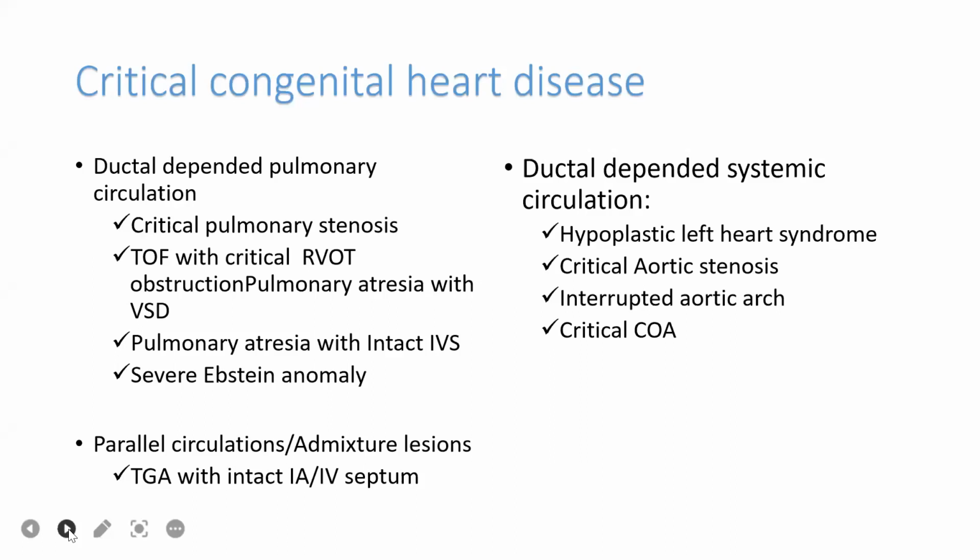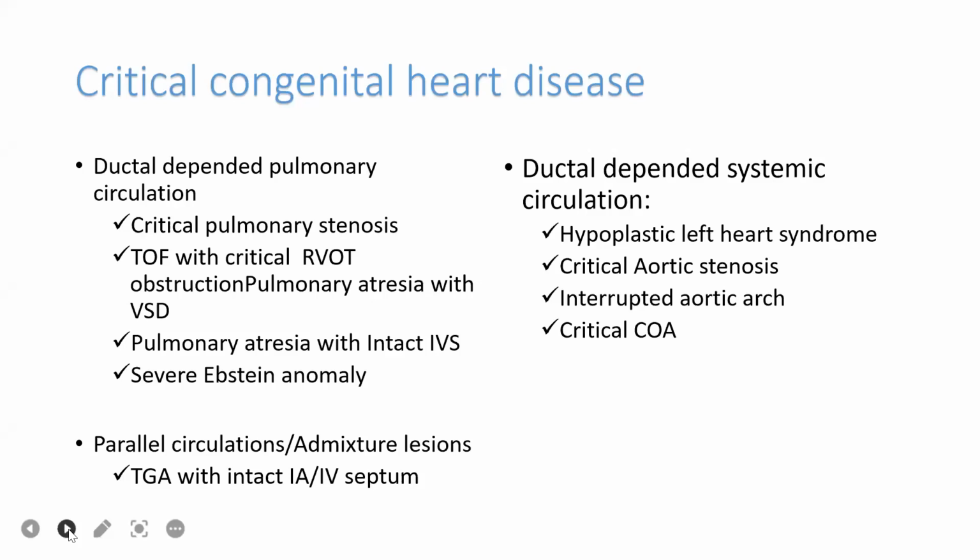Examples of these conditions include critical pulmonary stenosis, tetralogy of Fallot with severe right ventricular outflow tract obstruction, pulmonary atresia with ventricular septal defect, then pulmonary atresia with intact ventricular septum, then severe Ebstein anomaly.